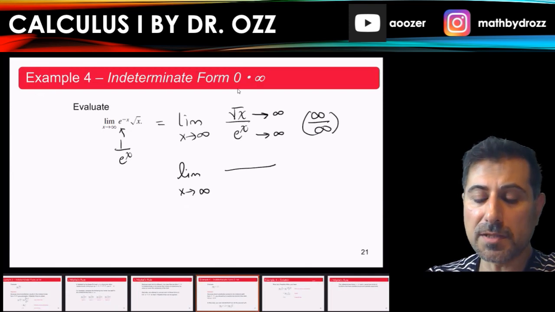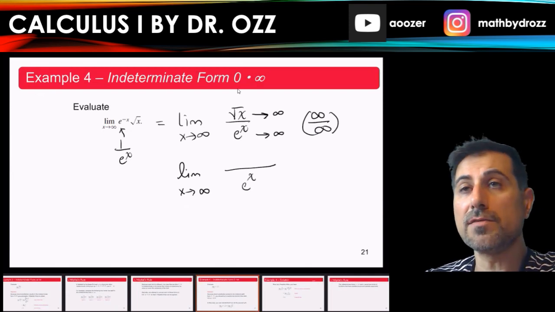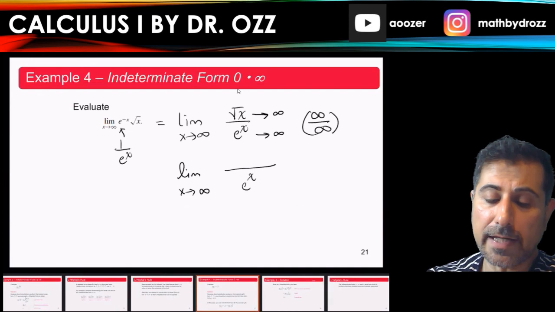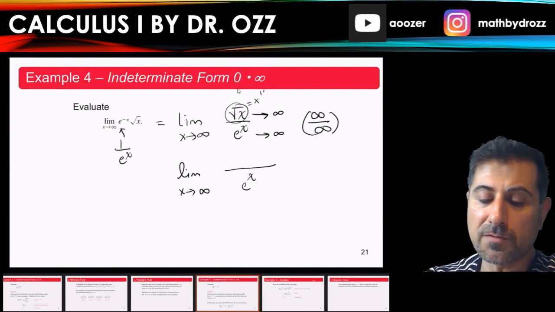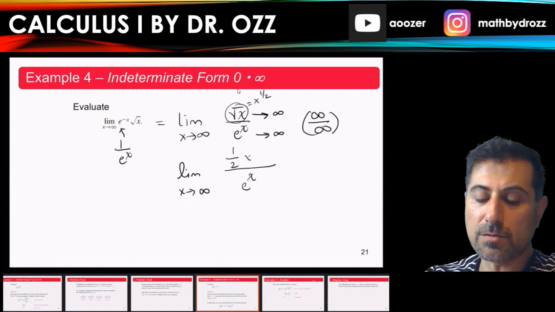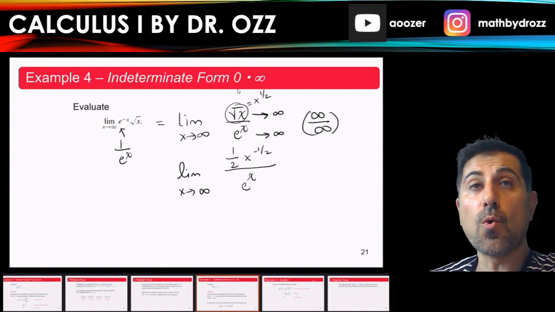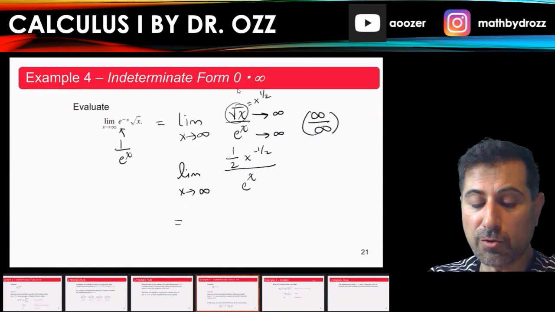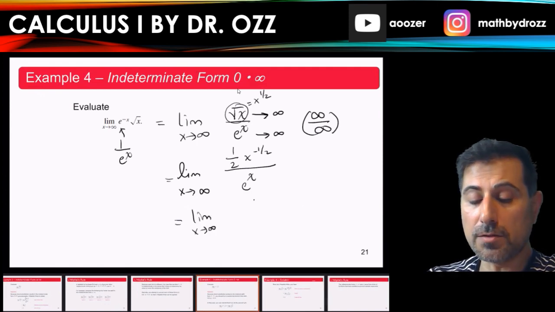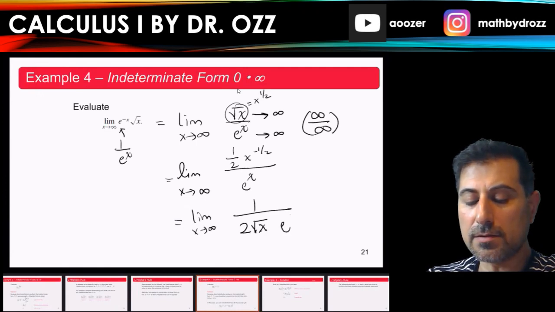The bottom is easier because e to the x has the derivative e to the x. And radical x, if I convert that into the power form, has the derivative 1/2 x to the power of negative 1/2. If you simplify that, writing it as a reciprocal, you have 1 over 2 radical x e to the x.